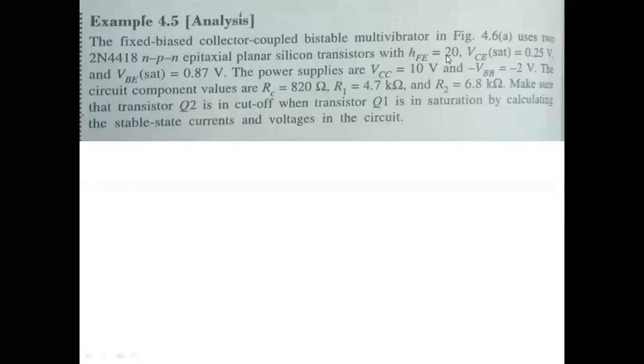If we observe here, in this question they have given the VCE sat voltage also. Generally, this VCE sat in the first sum we had assumed to be 0.2 or 0.3. In the second sum or third sum we had assumed it as 0 volts. But here they have given the VCE sat. Therefore, in this sum, we have to consider these VCE and VBE sat voltages.